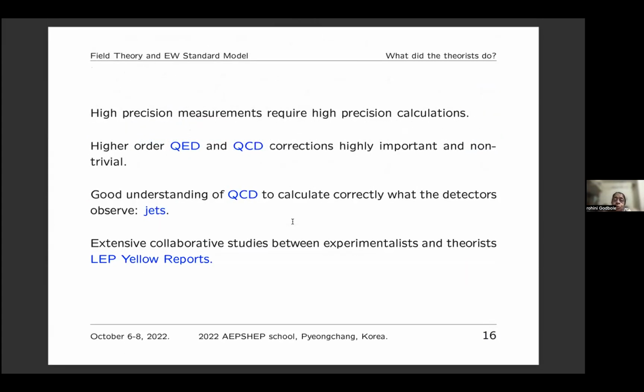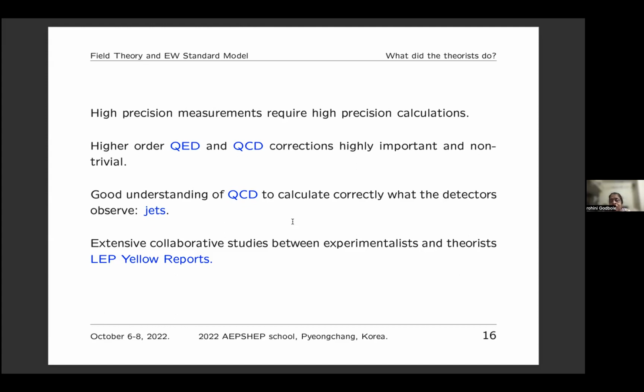But to be able to do that, you needed high precision measurements, but you also needed high precision calculations. You needed higher order QED and QCD corrections, and they were completely non-trivial in size. Very importantly, a good understanding of QCD was required to calculate correctly what the detectors observe in hadronic final states, namely the jets.